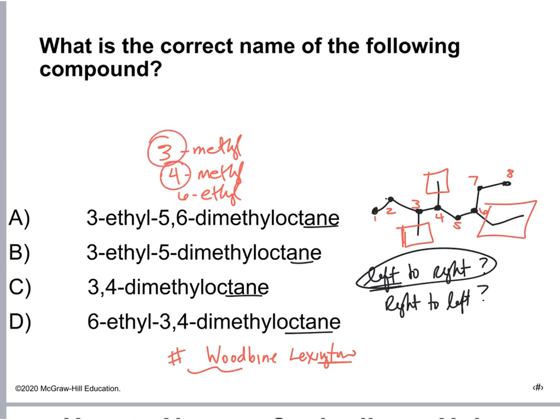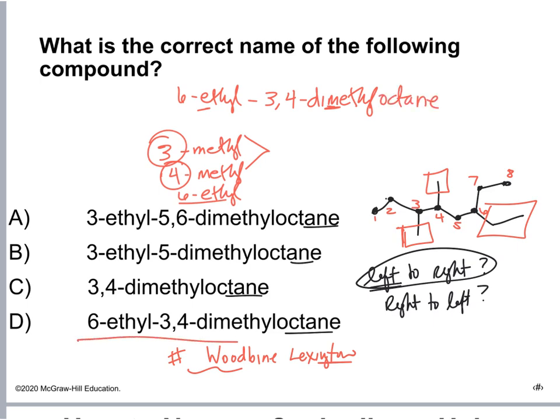That's why you have the 3 and the 4, and you combine these two to be 3,4-dimethyl. And here we have 6-ethyl. Ethyl comes before dimethyl because of the M versus the E. We don't look at the D. And then what was this? Octane. And there we see that that is the answer, D.